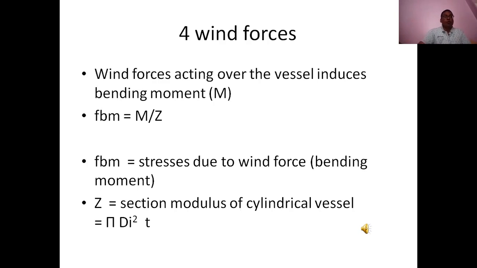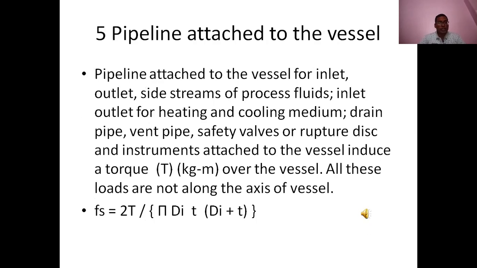So wind force acting over the vessel induces the bending moment. The stress due to the wind load, FBM, occurring because of the bending moment, is equal to M upon Z. M is the bending moment, Z is the section modulus of the cylindrical vessel, which is nothing but pi Di square upon 4 times t. Then fifth is the pipeline attached to the vessel.